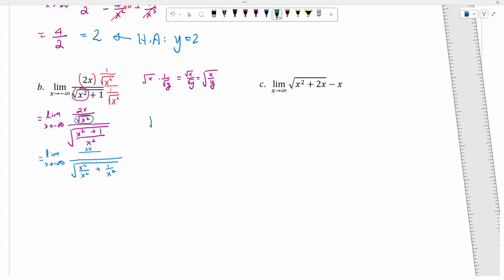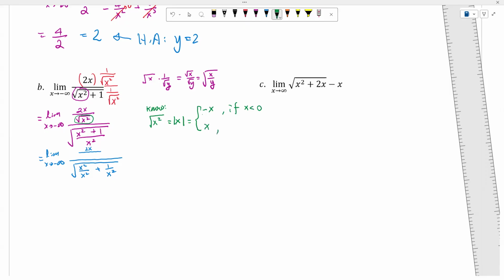One thing about this is when you have a square root of x squared, then we know that the square root of x squared equals the absolute value of x. So for the absolute value of x, as x goes to negative infinity, meaning x is less than 0, the absolute value of x is equal to negative x.